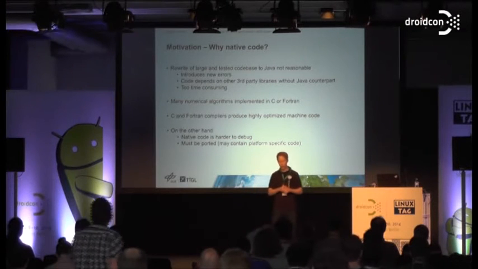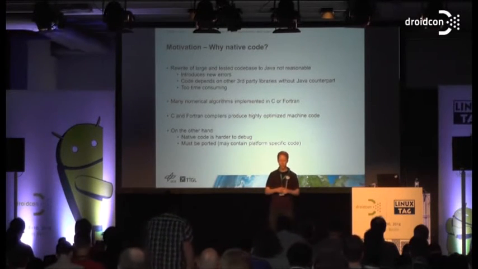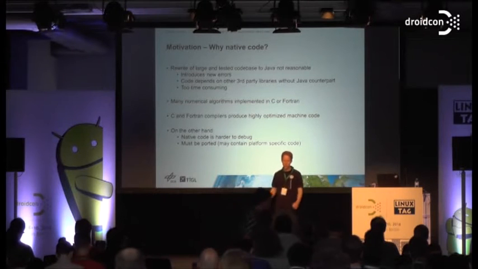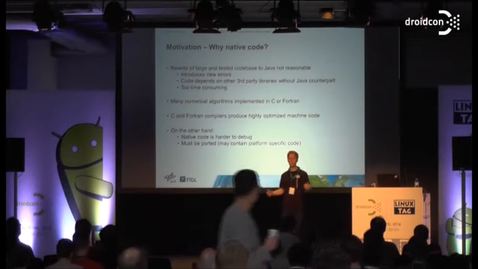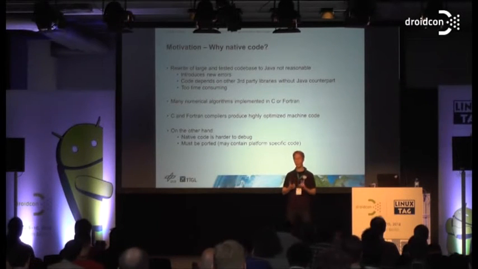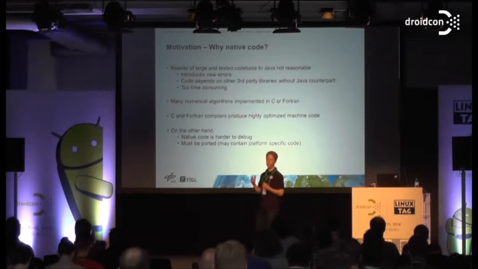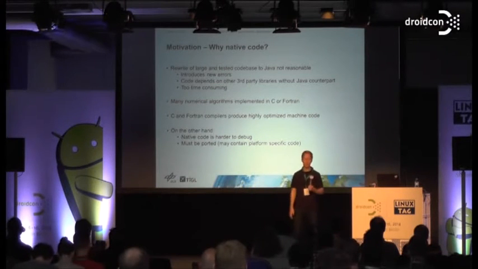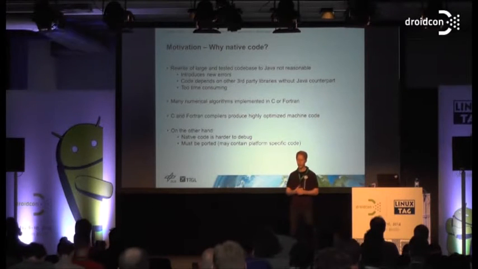Your code also might depend on a third-party library which just doesn't exist in Java, and it's also too time-consuming to do that. In addition, there are lots of numerical algorithms which are implemented in C or Fortran, and you want to use that. And third, maybe you don't want to hear it as Java people, but the Fortran and C compilers are much faster and produce much better optimized code.